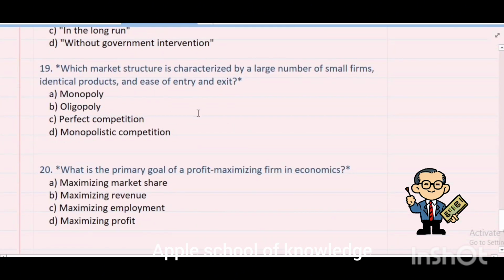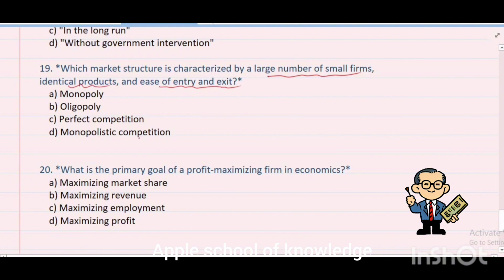Which market structure is characterized by a large number of small firms, identical products, and ease of entry and exit? We have four options: the first is monopoly, the second is oligopoly, the third is perfect competition, and the fourth is monopolistic competition.